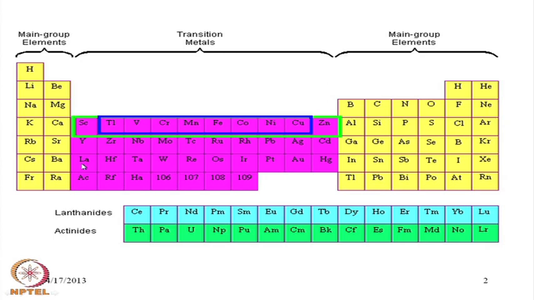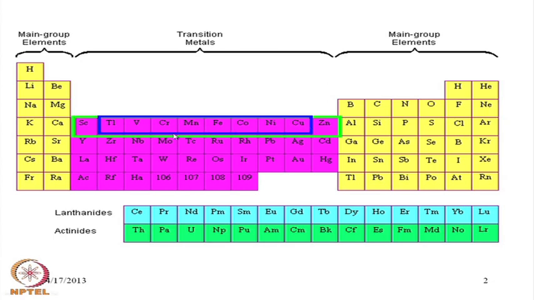Right now we will take out all these green bordered metal ions like scandium and zinc, yttrium and cadmium, and lanthanum and mercury, because in a particular oxidation state this scandium as well as this zinc will not have any unpaired electron.